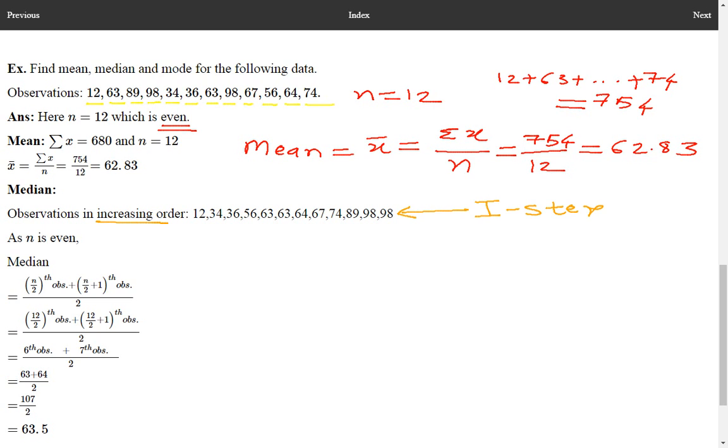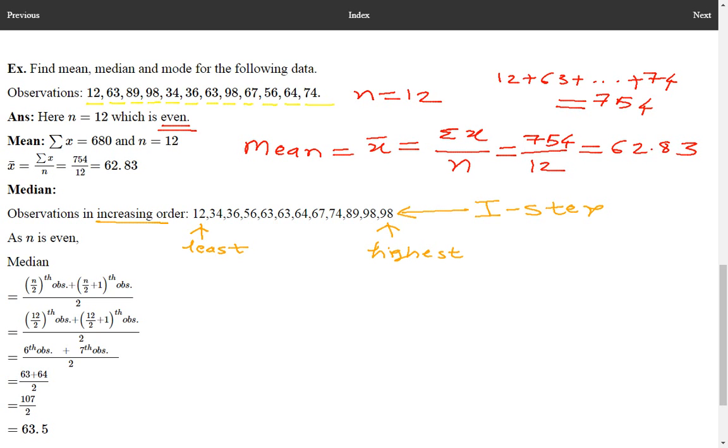So the least observation will come first and the highest observation will appear at the last. So how many observations are there? 12 observations, and we have arranged them in increasing order. Note that if some observations are repeated, you have to repeat them in this sequence as well.